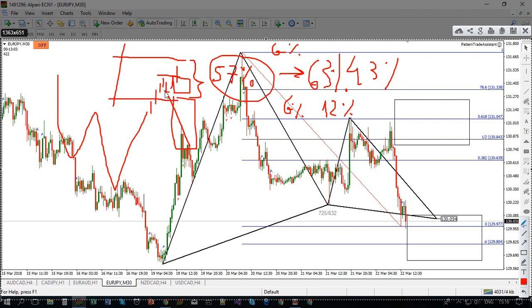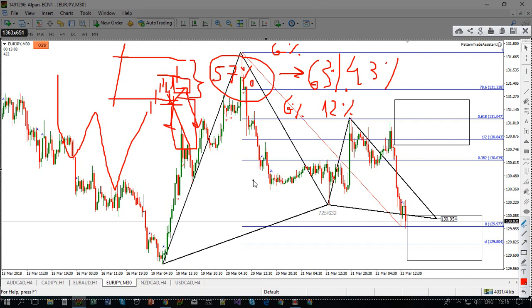Of course, sometimes you lose a substantial part of the movement because when you wait for this completion, price may move some distance towards your take profit, and if you enter at market, maybe you will have worse risk to reward. What I do in these situations, I calculate at least a 1-to-1 risk reward measurement and I wait for price to give me a bounce to enter, and only then I enter.